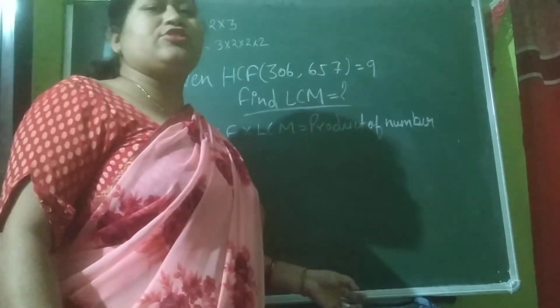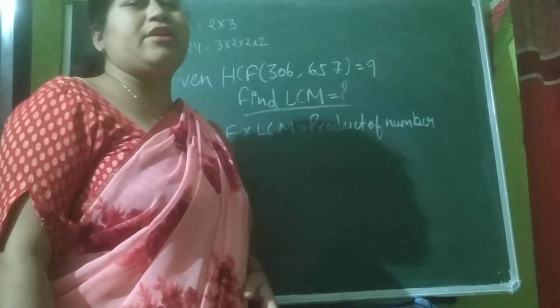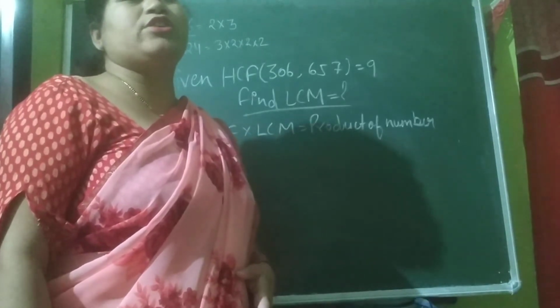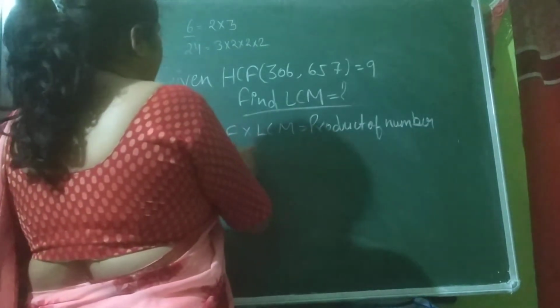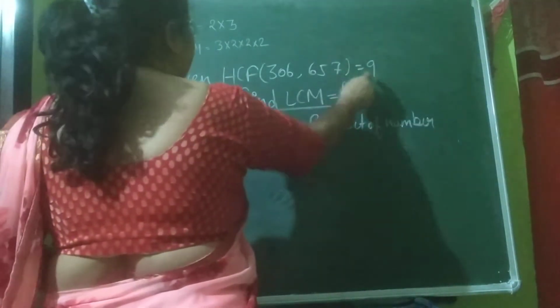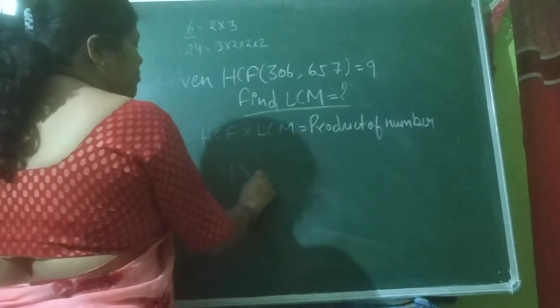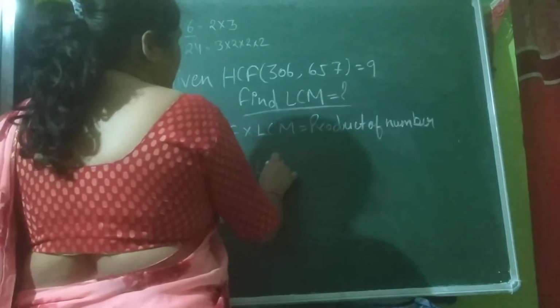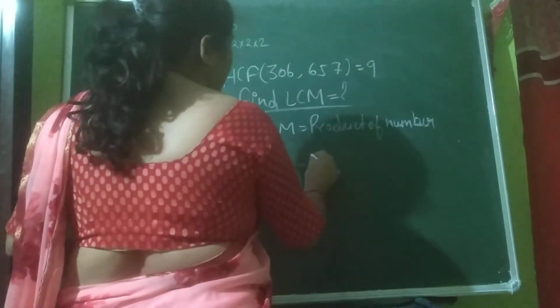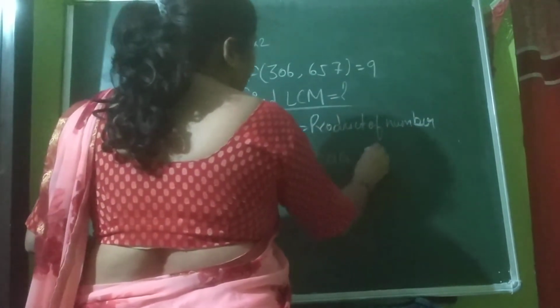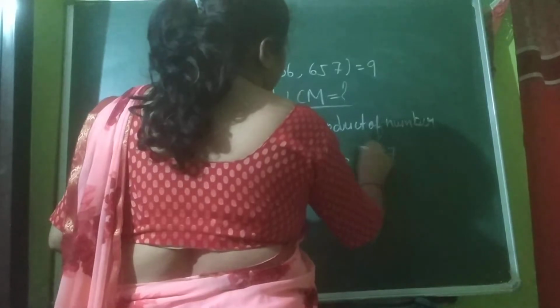The multiplication of HCF and LCM is always equal to the product of these two numbers. So let's start. What they are giving us is HCF is 9, so we keep 9 in the place of HCF. LCM we have to calculate. Product of numbers, the numbers given are 306 and 657, and their product.